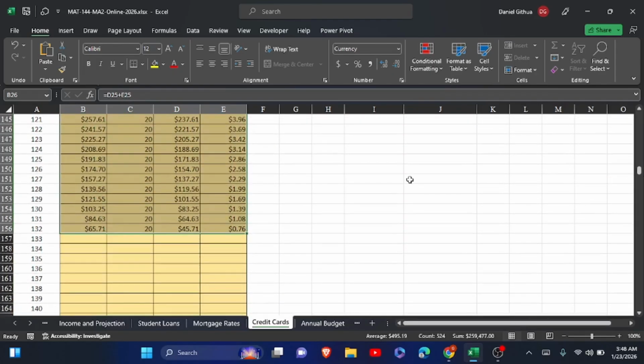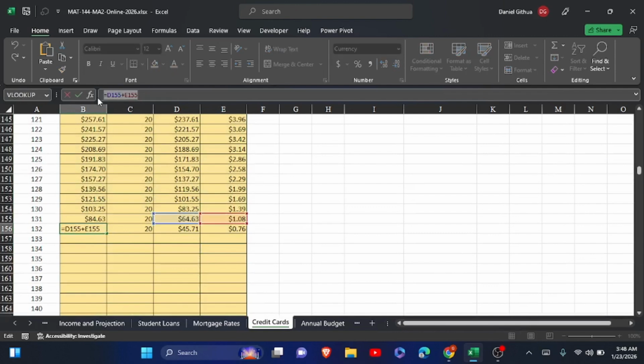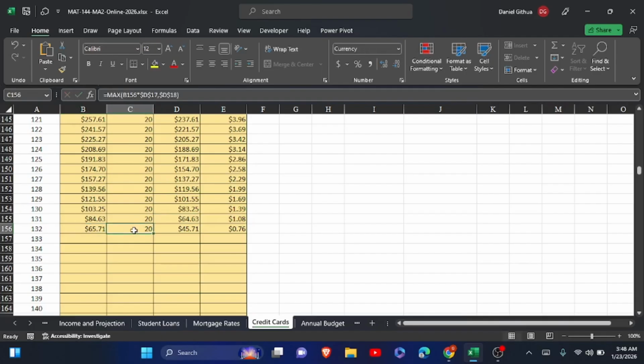The next thing is to copy this formula, and paste it here. Just highlight and paste, and that gives the value of 0.